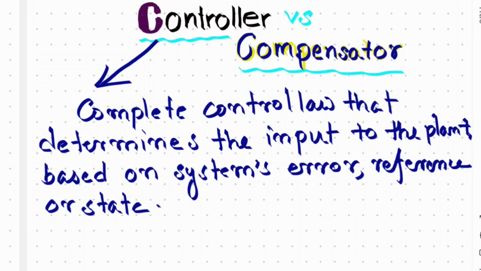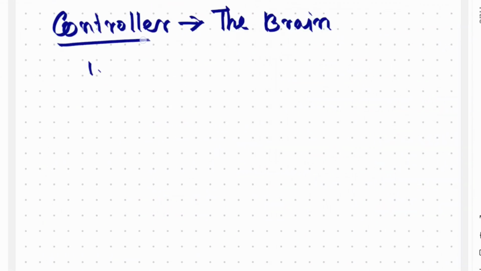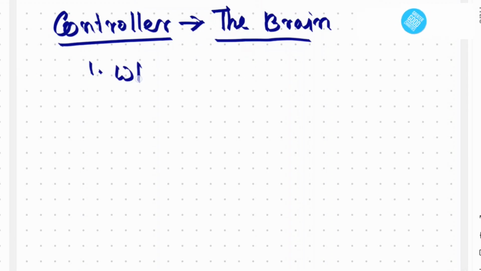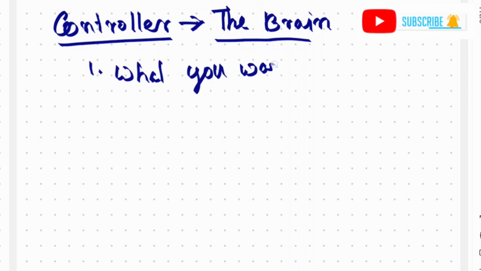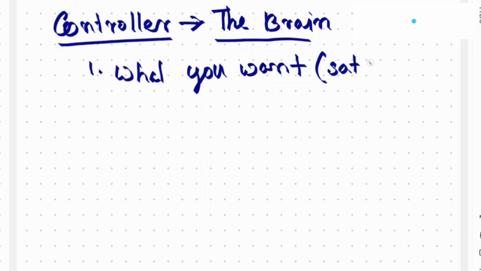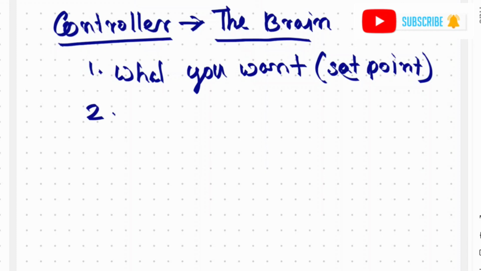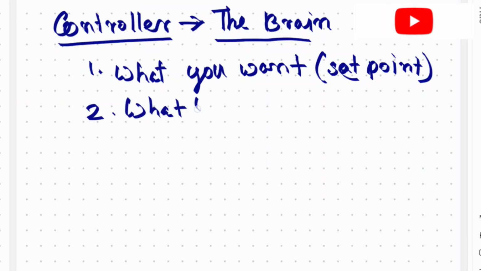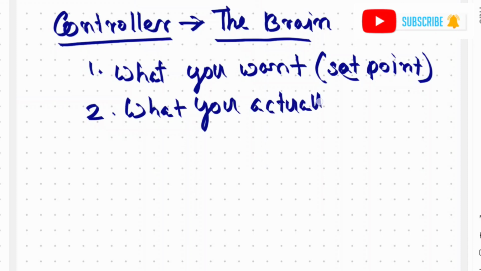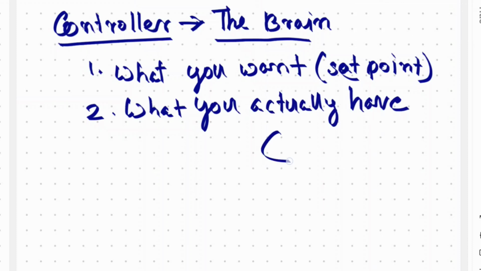Now conceptually, we can say that the controller is the brain. Like a brain, a controller is the whole decision making mechanism of a control system. Like a brain is controlling our body, it continuously looks at what you want, that is the set point. Then what you actually have, that is the feedback.